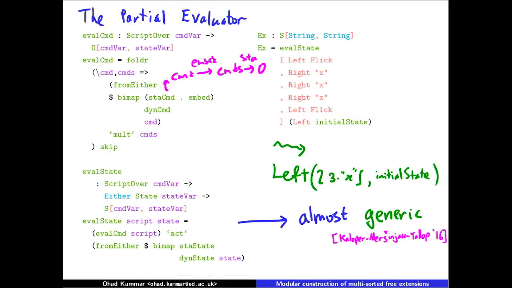Okay, and now you can write a partial evaluator. So how do we partially evaluate a command? I have some script and it has some variables. Well, I just fold over it. But if I have a concrete command, I just embed it and lift it. And if it's dynamic, I just dynamically embed it. And on the state, it's the same thing. It's so much the same structure.